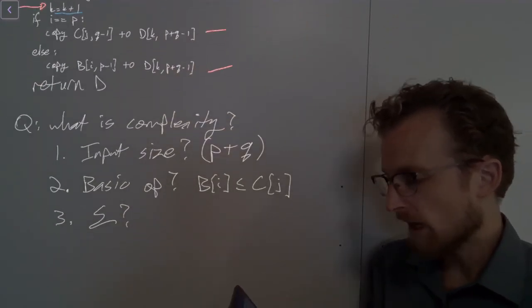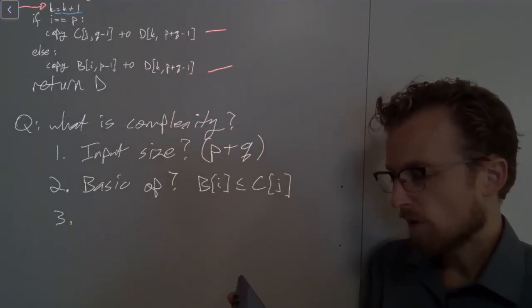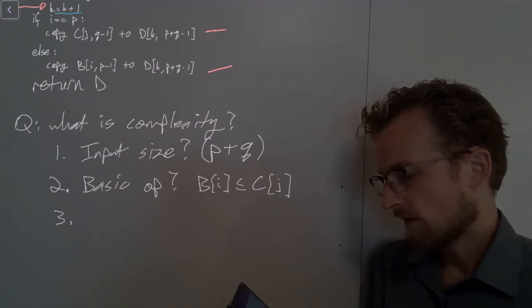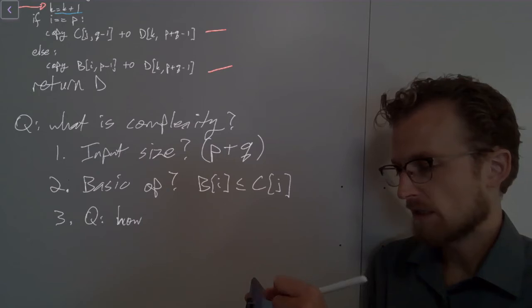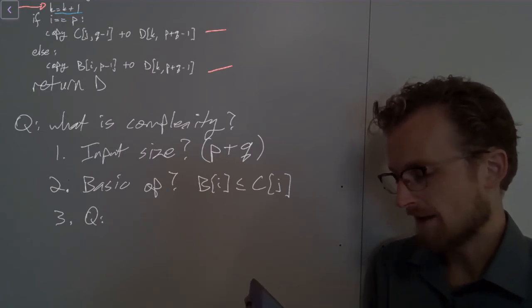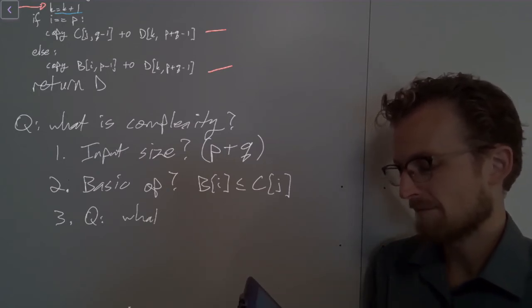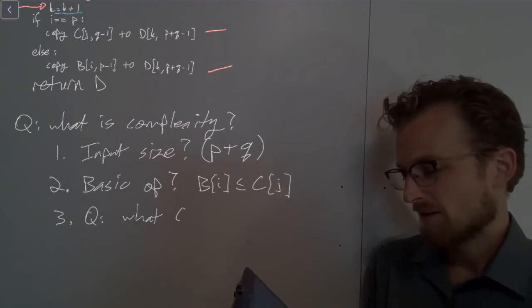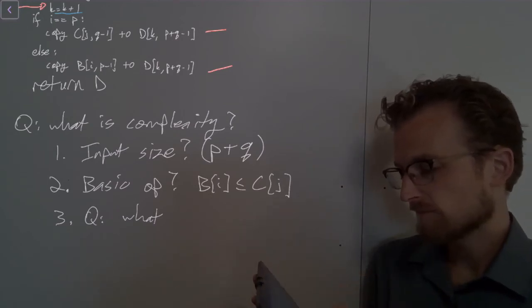So we can't write a sum easily, but the question here is, essentially, what is C of n? What is the combined time for our merge sort algorithm? So what is C of n?